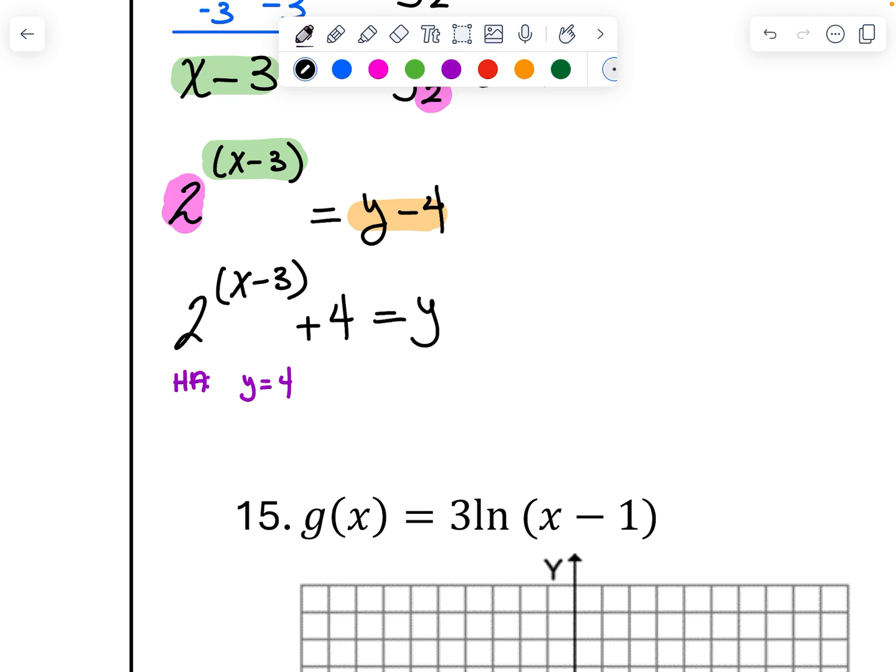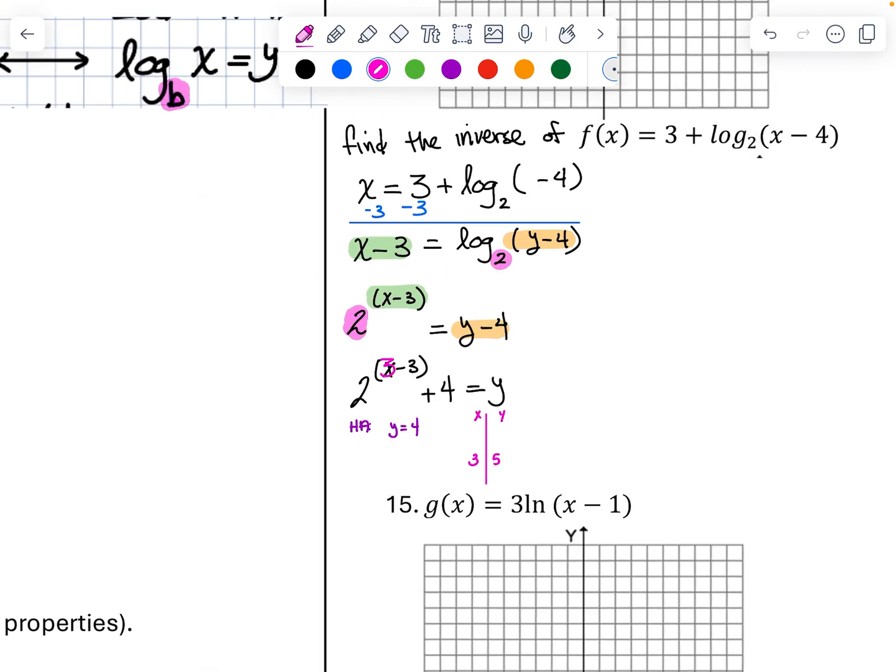And if we think of a table of x values and y values, if we let the x value equal 3, so if we put a 3 in here, that would say 2 to the 0 power, which is 1. 1 plus 4 is 5. So we have the point (3, 5).